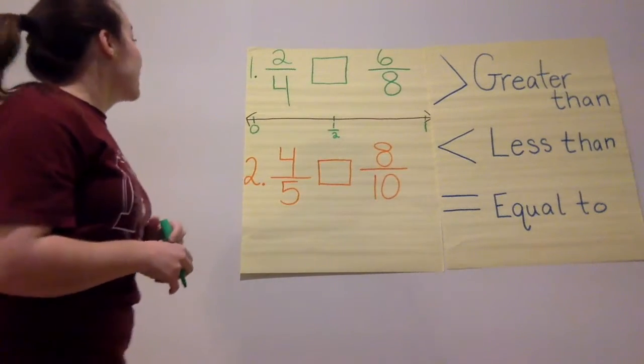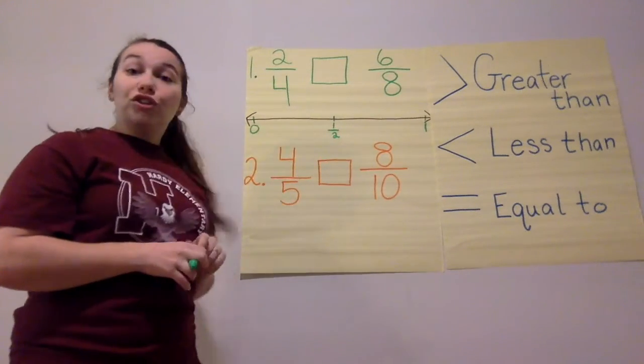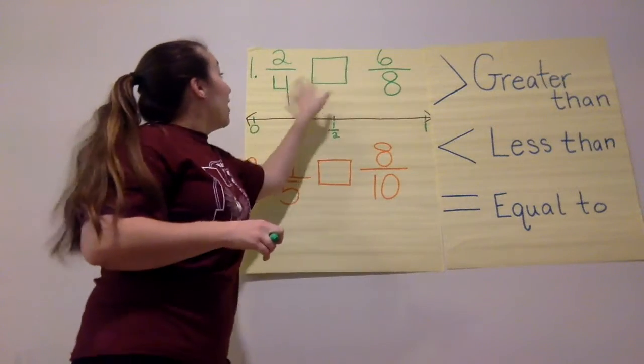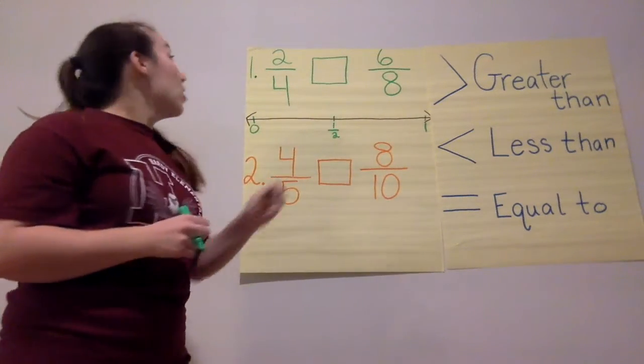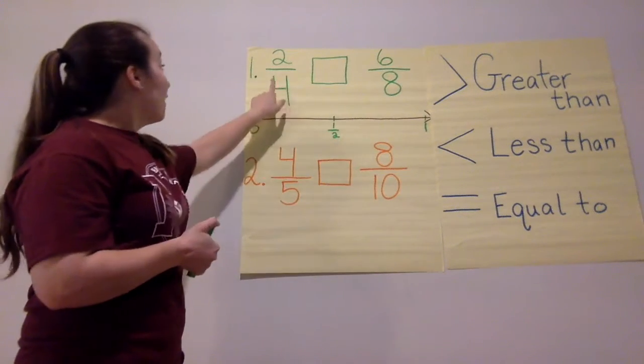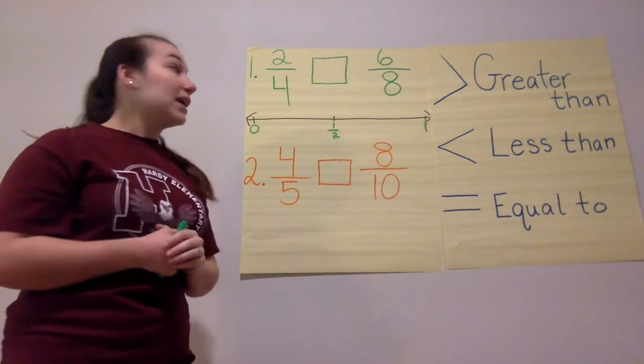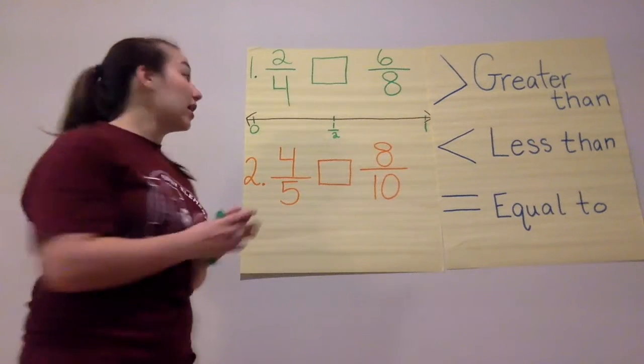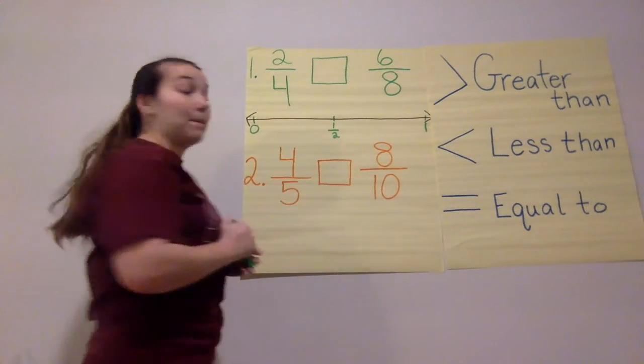Now, it is time for us to label each of our numbers. So, the very first fraction is in fourths. That means there are going to be 4 parts to this whole number line.